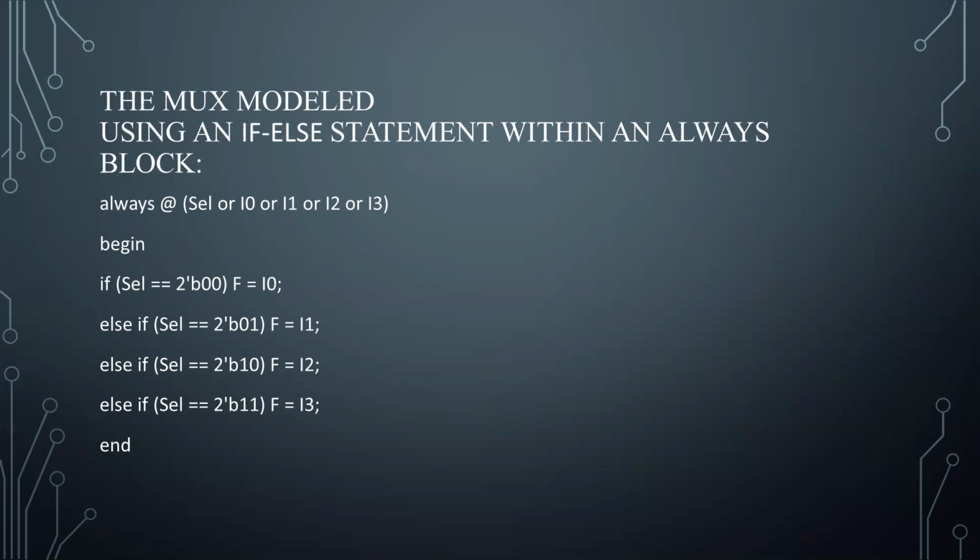If this is false, then else if SEL is equal to 2'b01, then F is equal to I1. If this is also false, we go to the next else if conditions, and finally we end our function. Okay, thank you.